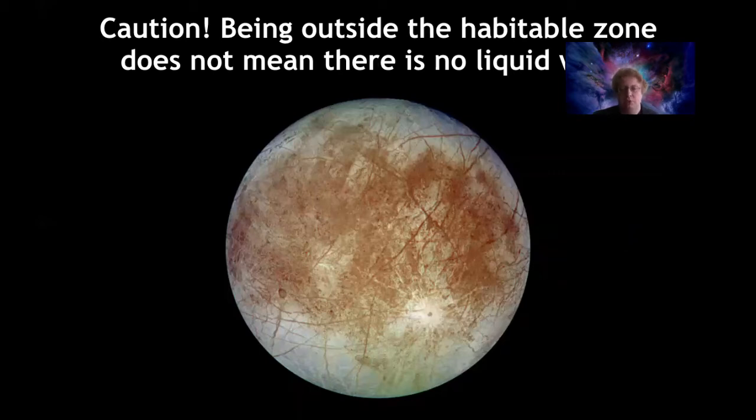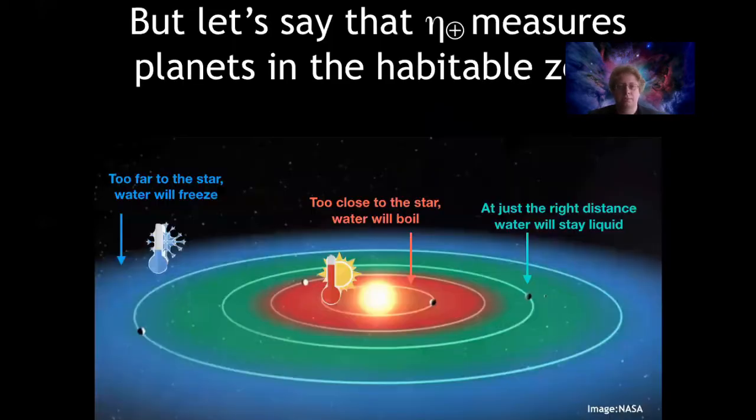So the habitable zone is by no means the end all and be all of habitability and whether there is life on a given location. It's just meant to be kind of a first general guess as to whether something is a promising place for life or not.